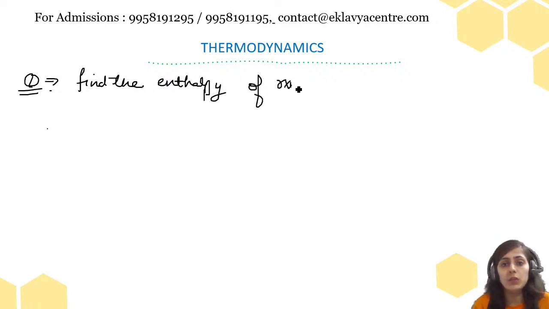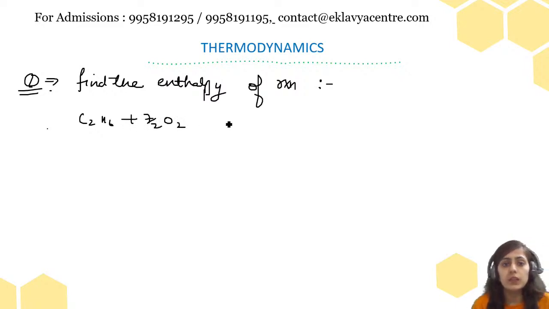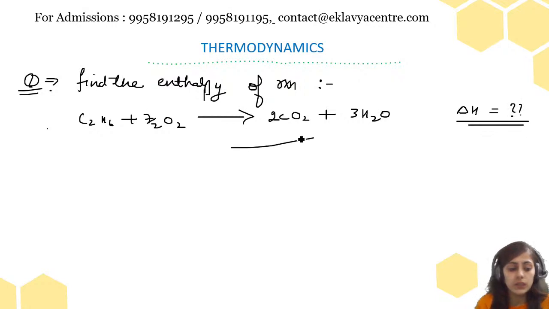The reaction is C2H6 plus 7/2 O2 gives us twice of CO2 plus 3 water. So we have to find out the value of delta H for this equation, right?